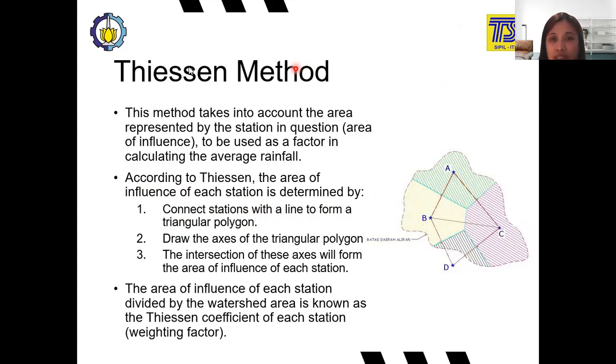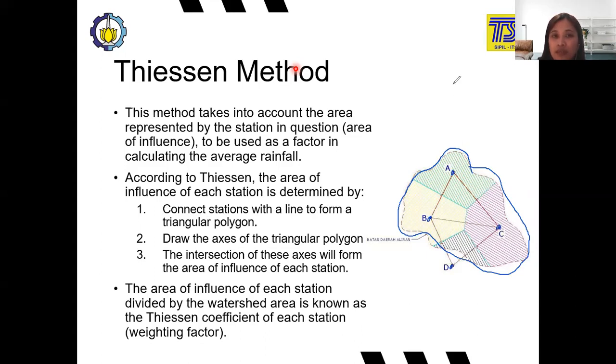Maybe you can understand it better if I use the annotate. Okay. So the watershed area is this line right here, the outer line. Then at the first step, we have to connect stations with a line to form a triangular polygon. At first, we only have this dot here, the dot right here, and this dot right here.